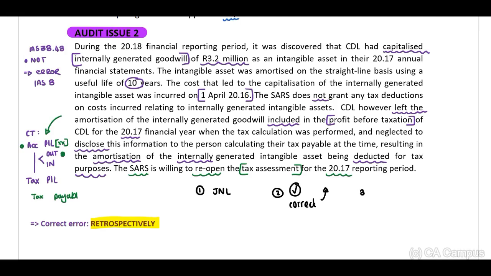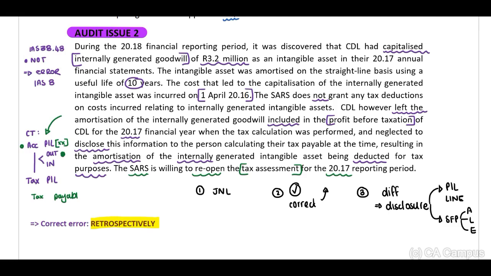And then number 3 will be the difference between number 1 and number 2, and this will be your disclosure. Important to remember, when we look at our disclosure, my recommendation is that you need to be able to identify what is the impact on your profit and loss line items and what is the impact on your statement of financial position line items. Remember, this includes your assets, liabilities, and your equity.